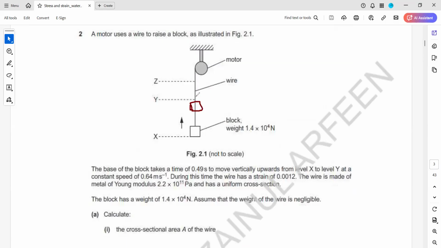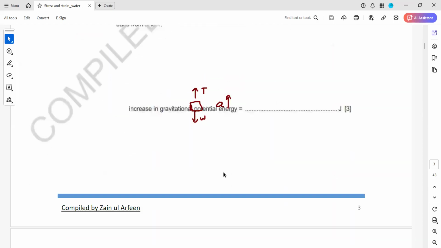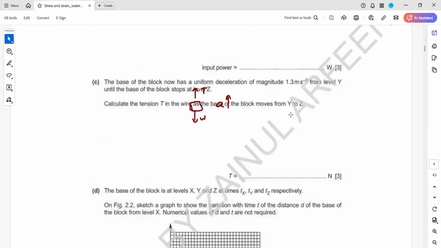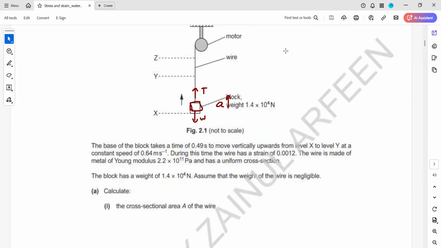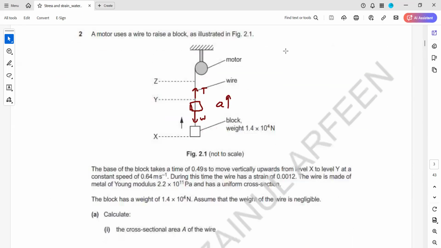The tension is to pull, and the weight is acting downward, and it has a deceleration. What is the deceleration given? It has a deceleration of 1.3 meters per second squared.